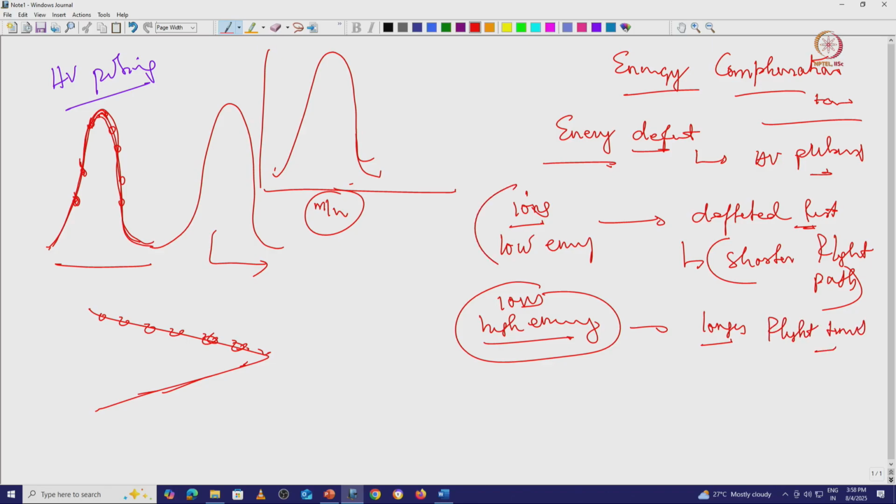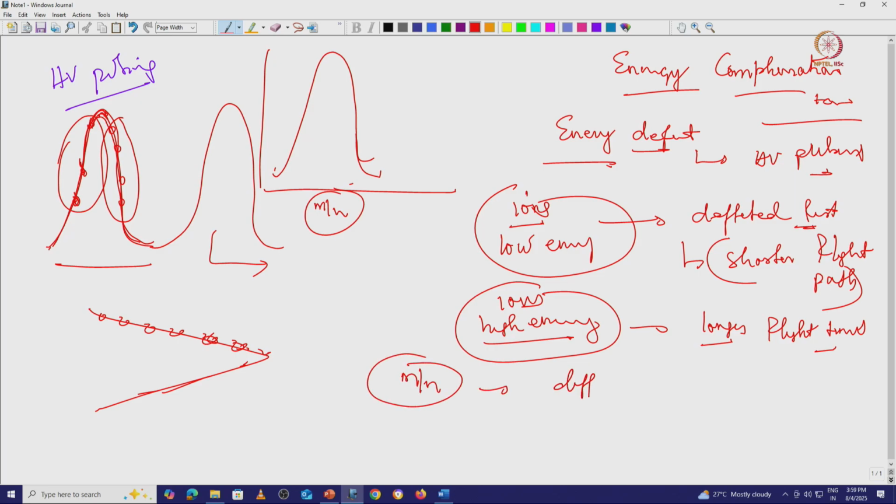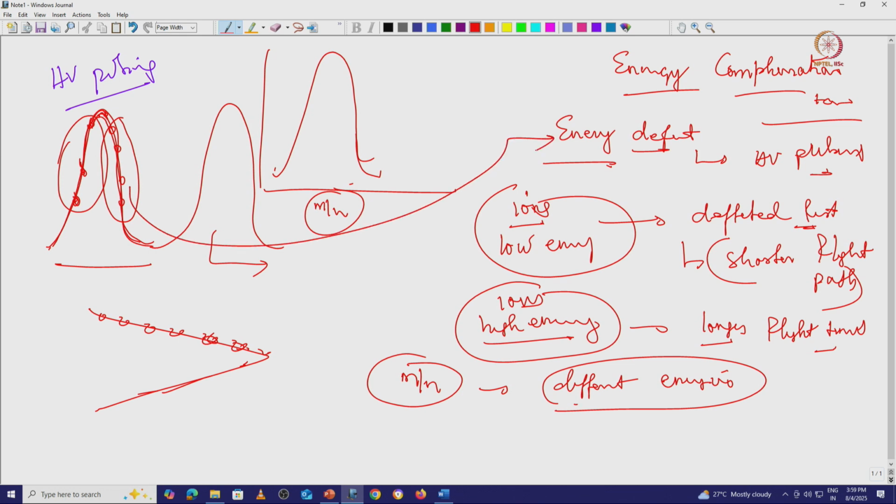Okay. So high energy and low energy means the ions which are field evaporated during this particular region of the pulse, and atoms which are polarizing at the location of this particular pulse. So it is possible that ions of the same mass to charge ratio have different energies due to HV pulsing, and due to which there will be an energy deficit.